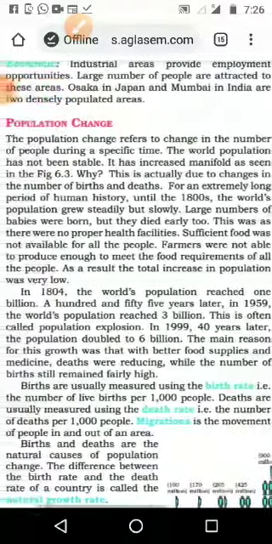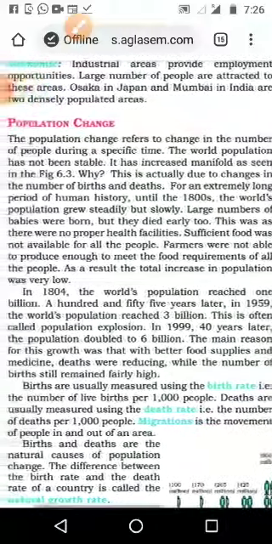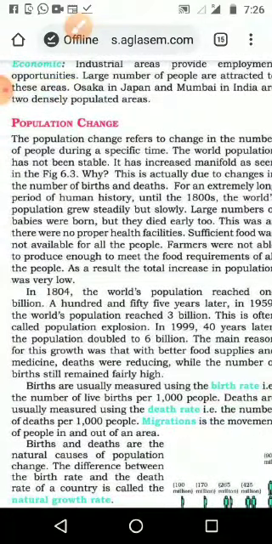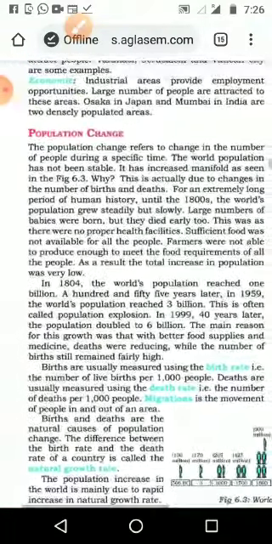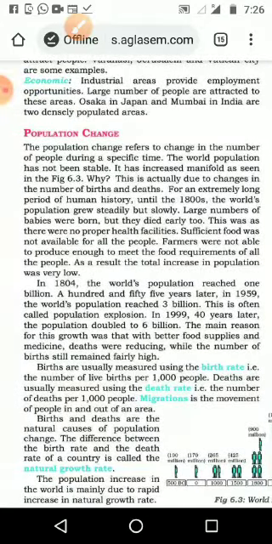A large number of babies were born, but they died early too, because at that time medicine was not developed that much, so child death was very high up to the industrial revolution. Afterwards, as facilities increased, the death rate started to reduce.